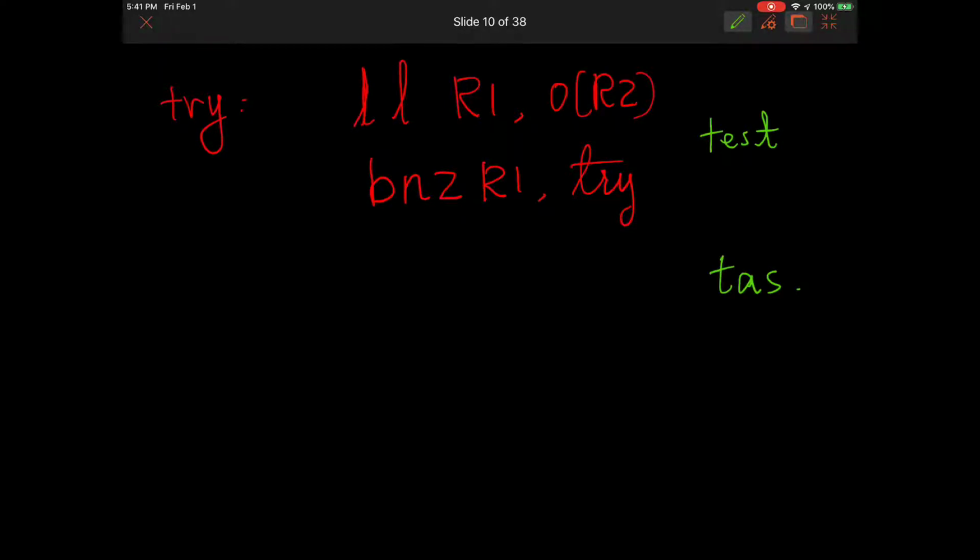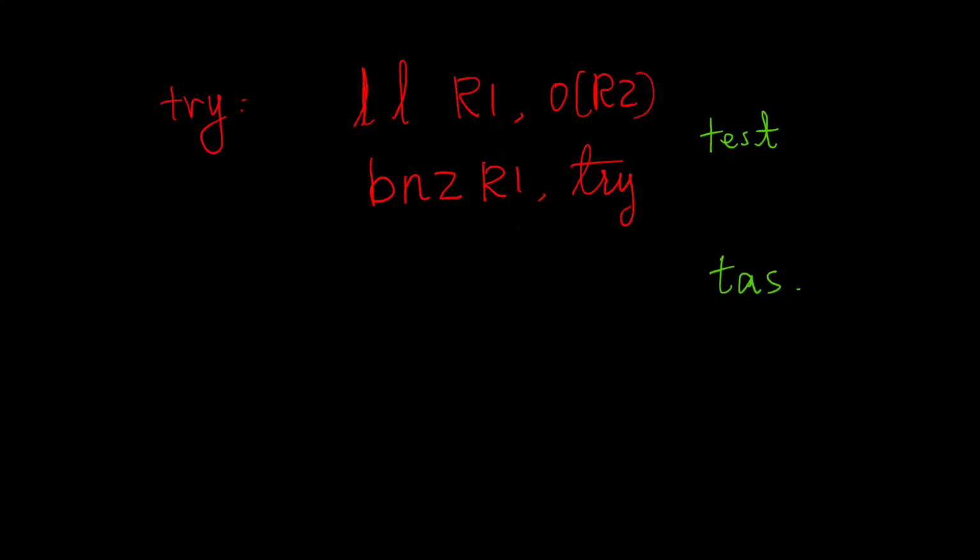If it's not 0, if it's not unlocked, I'm just going to wait. But if it is unlocked, I'm going to try to write to it. So what you would do is to really load and then store.